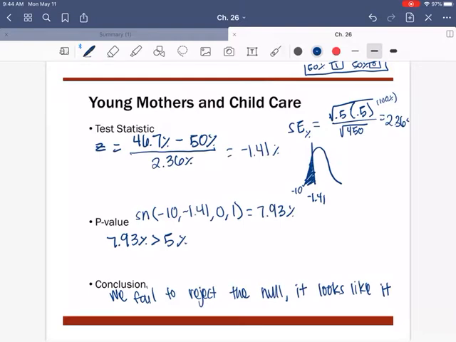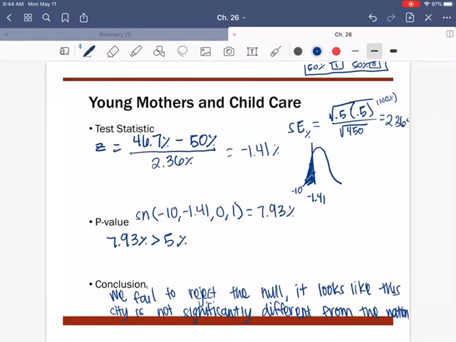It looks like this city, town, whatever it is, is not significantly different from the nation. And that's assuming the 50% is for the whole nation.